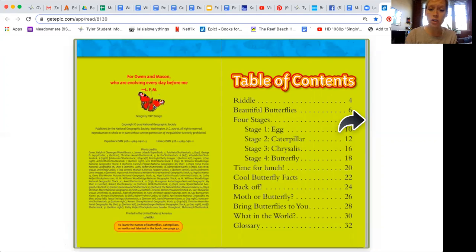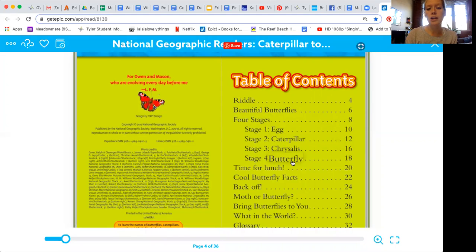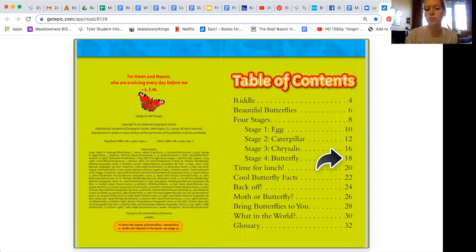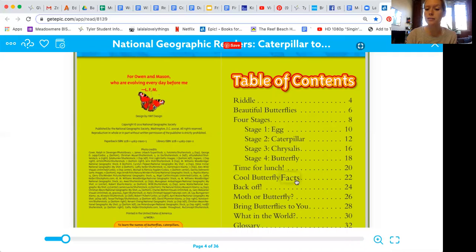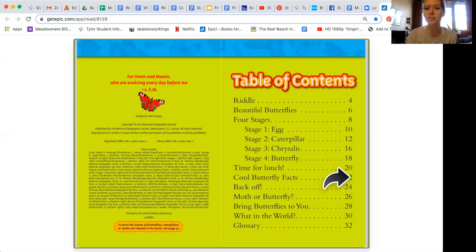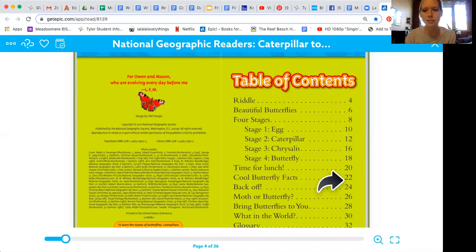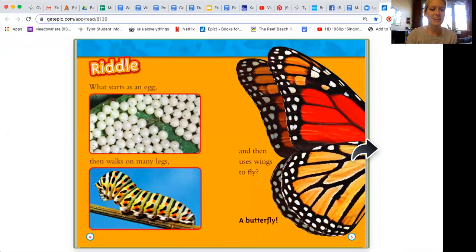Maybe I just want to learn about the butterfly stage. Then I would go to page 18. And maybe I want to learn some cool butterfly facts. Then I would go to page 22. Good. We talked about how some table of contents will have the dots and some will just have a blank in the middle. Okay, let's get started.